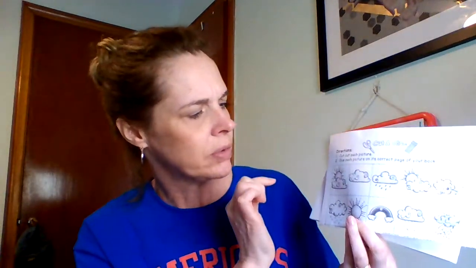This one I don't think we used. So you could pick one. If I picked this one, I might say, the weather is stormy outside today. And I could write that. I could copy the words from the other page.